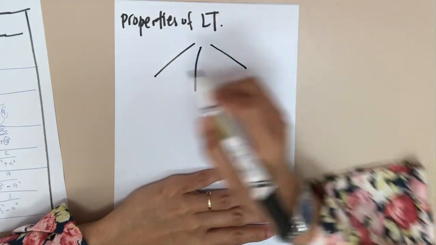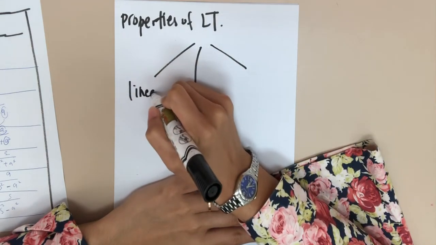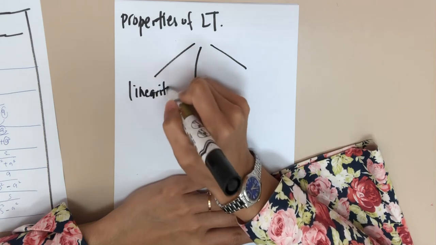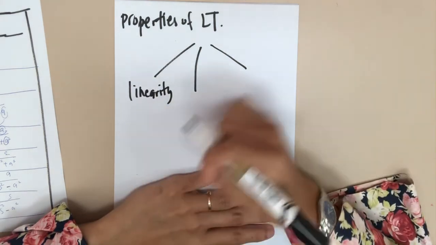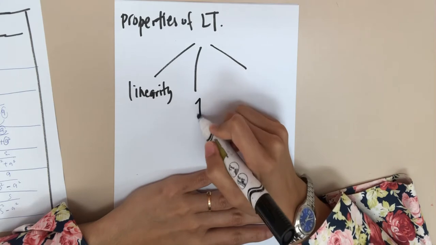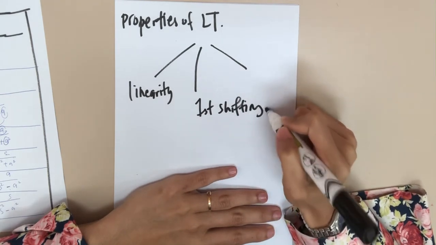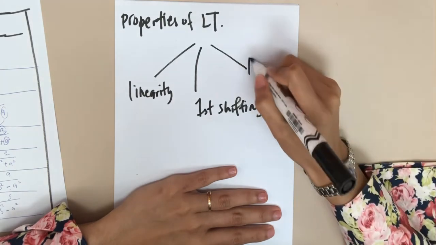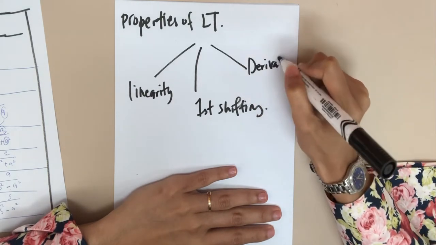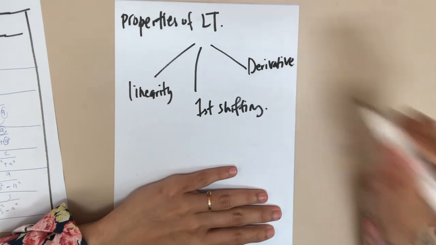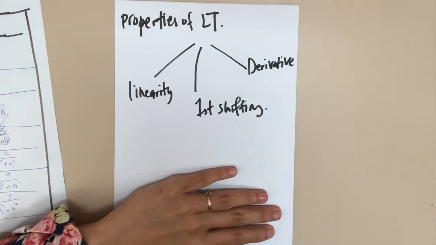We have linearity, first shifting, and also the derivative of the Laplace transform.